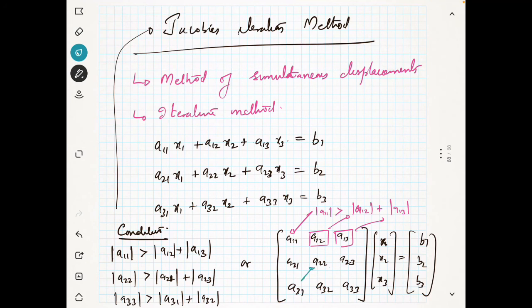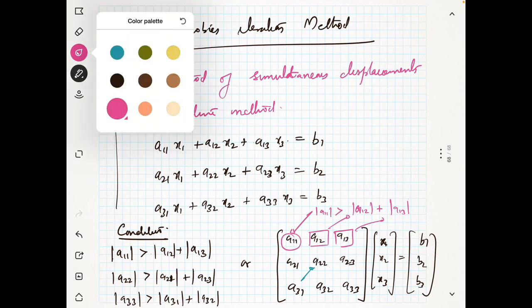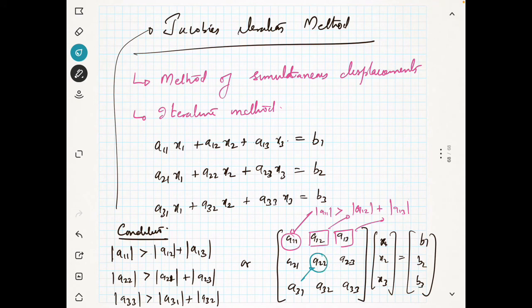Similarly you should consider this element. The second condition: the magnitude of a22 should be greater than the magnitude of a21 plus the magnitude of a23. What are these numbers? One is here and another is here.